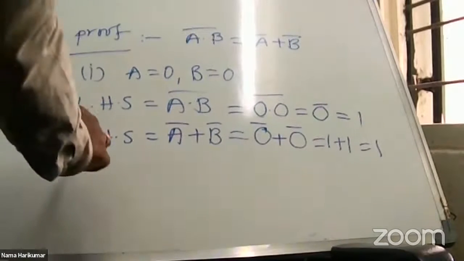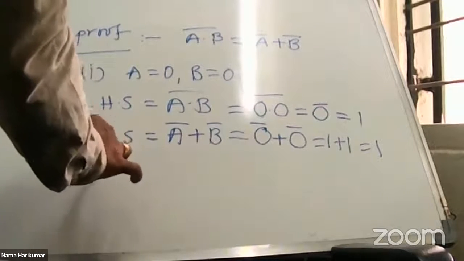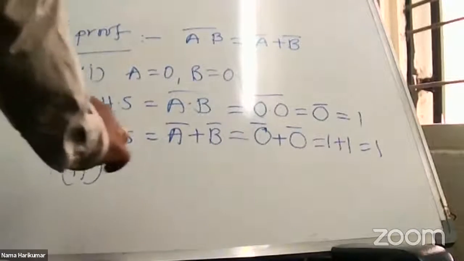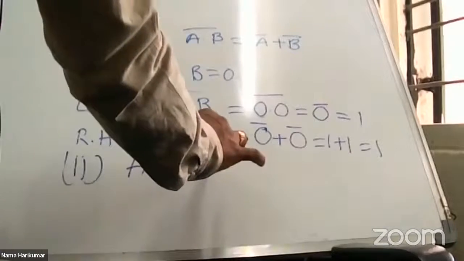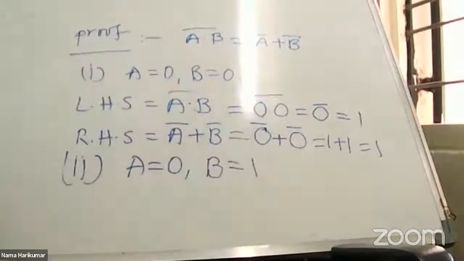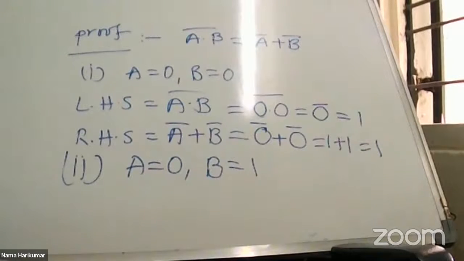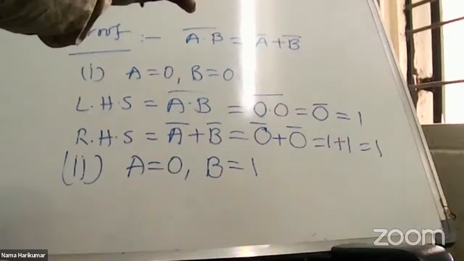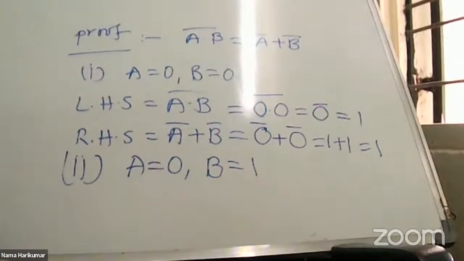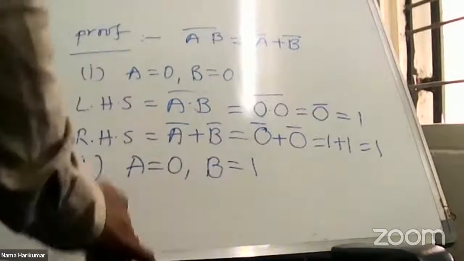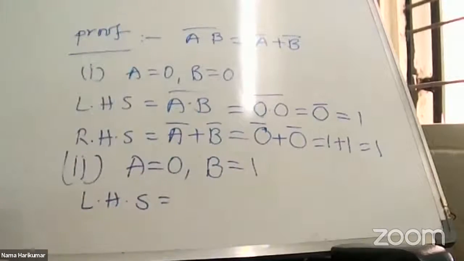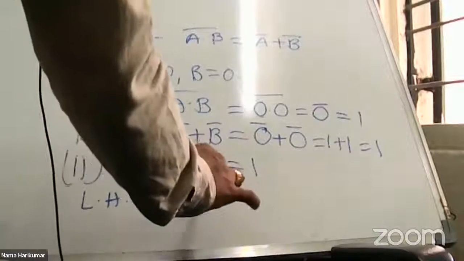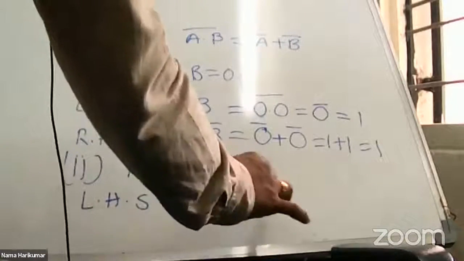Next, in the second case, we put A equal to 0 and B equal to 1. So again we put A value 0 and B value 1. From the statement, the LHS value is (A dot B) complement.